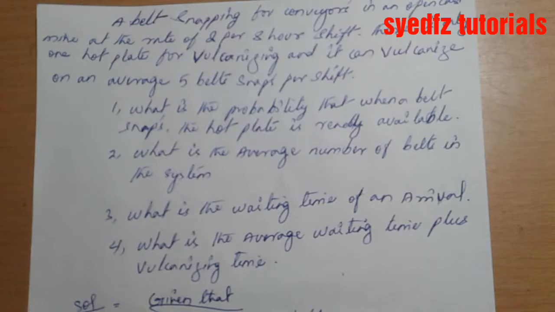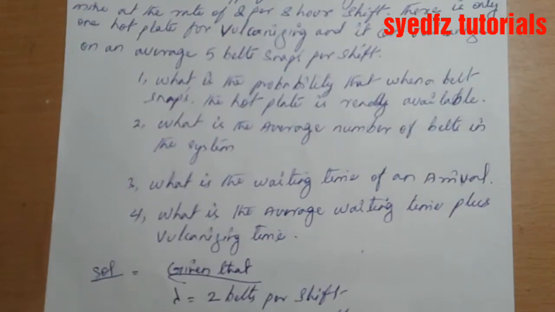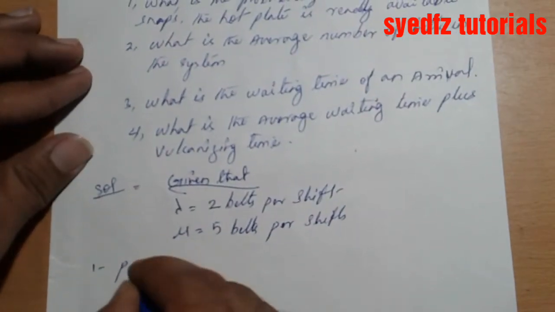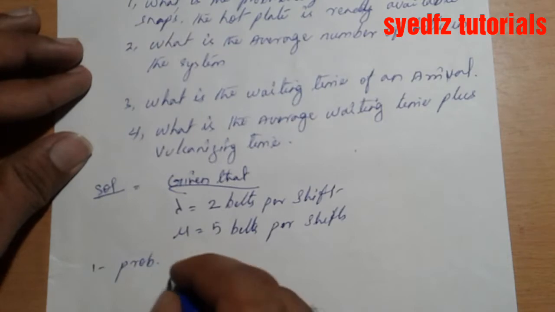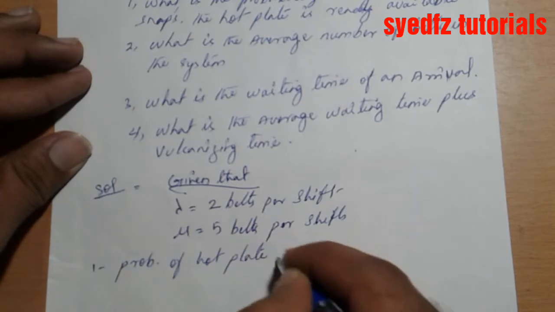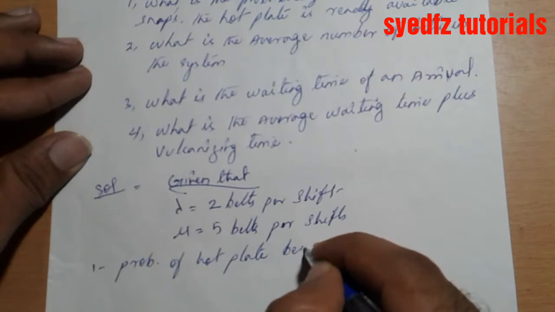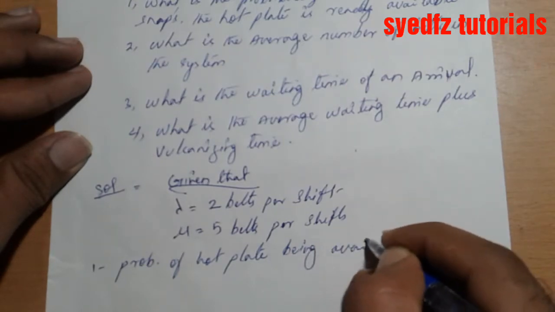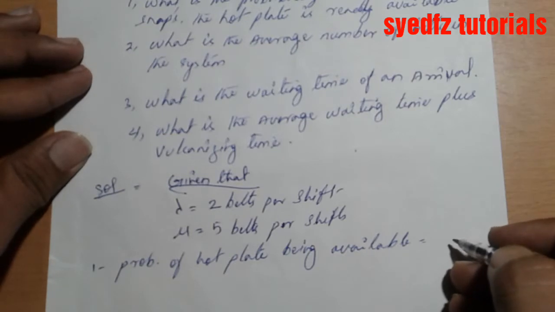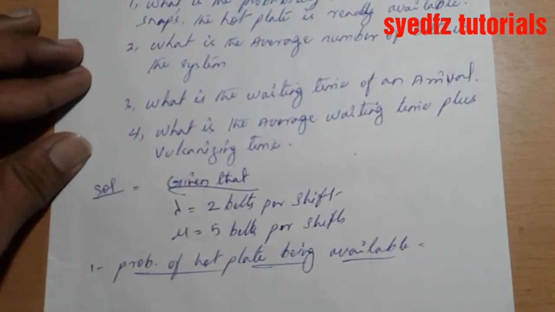That is the probability of the facility being empty, the probability of the hot plate being available.